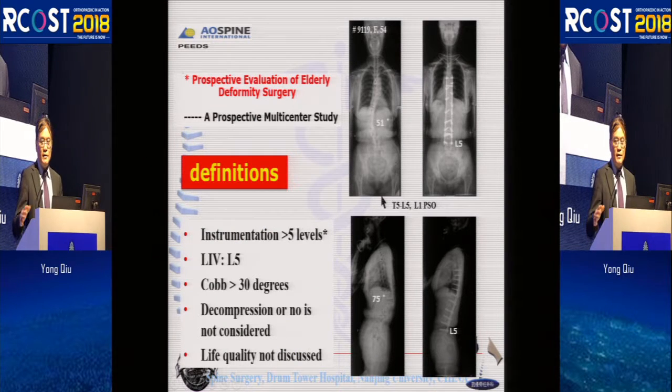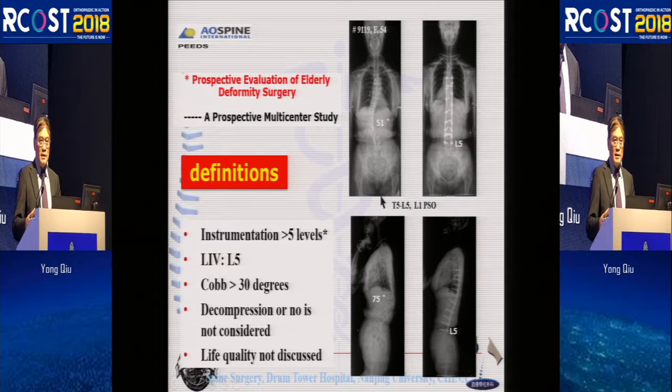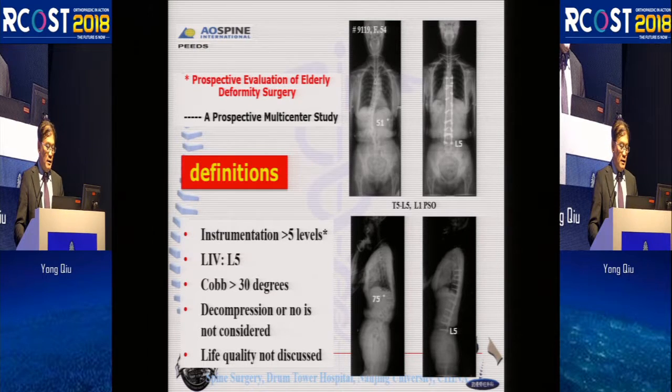What is the definition of long instrumentation? There is no scientific definition for long or short instrumentation. We participated in an international SRS multicenter study, a prospective evaluation of elderly spine deformity surgery.